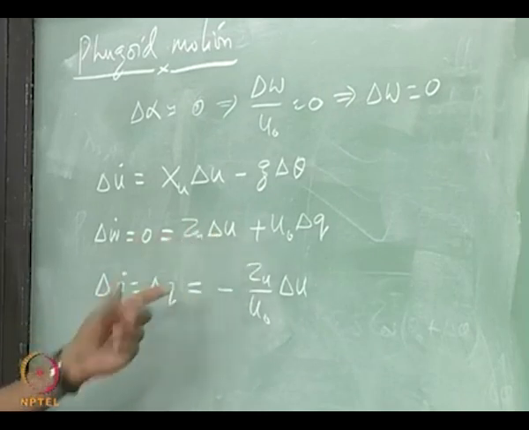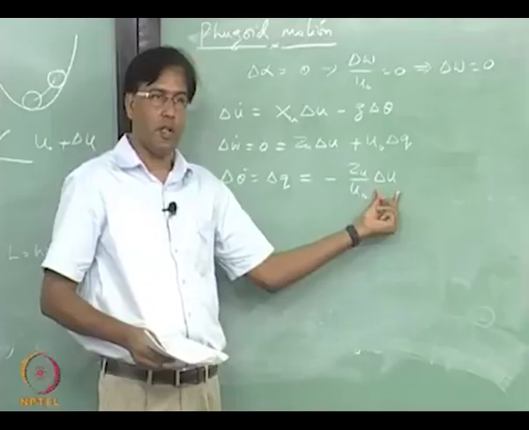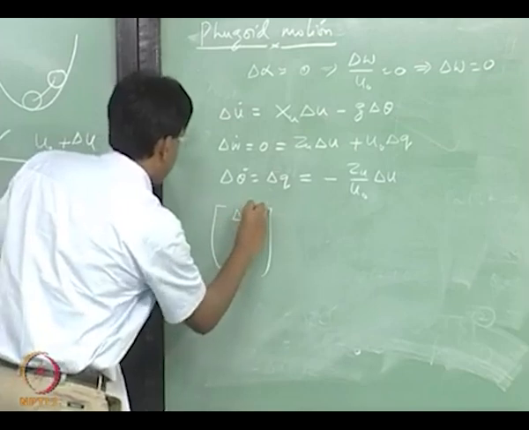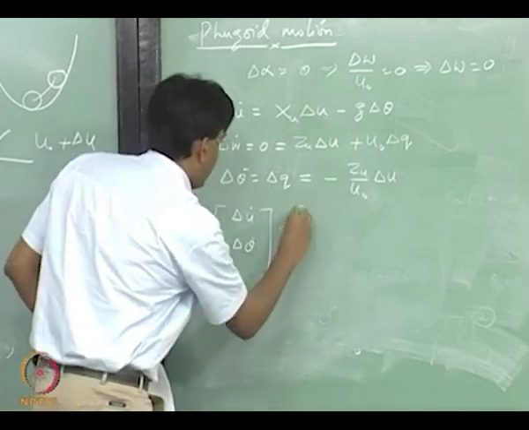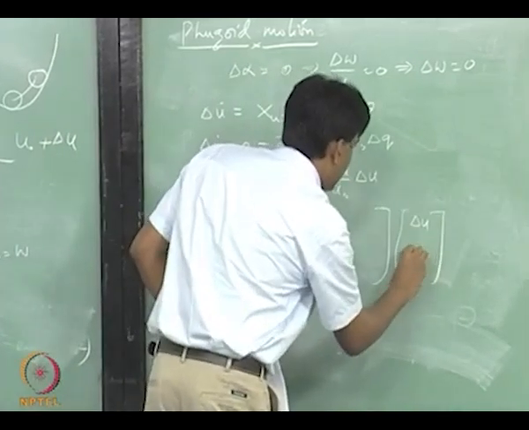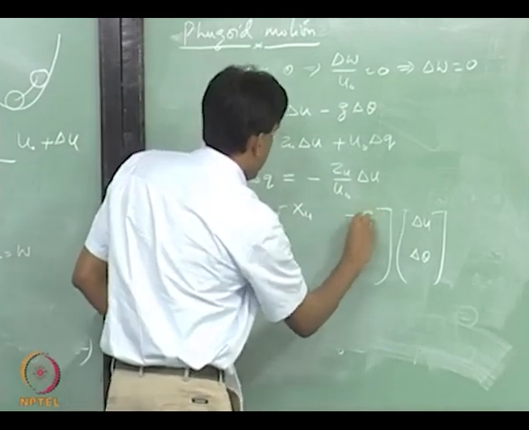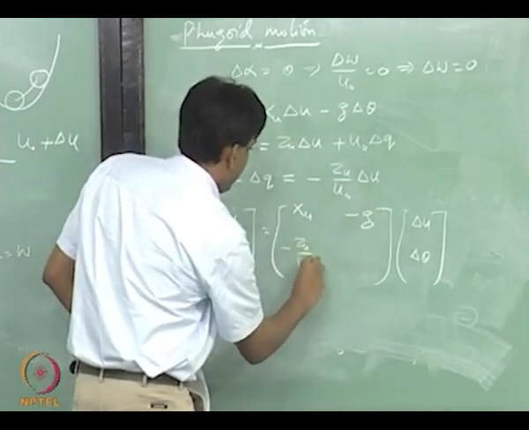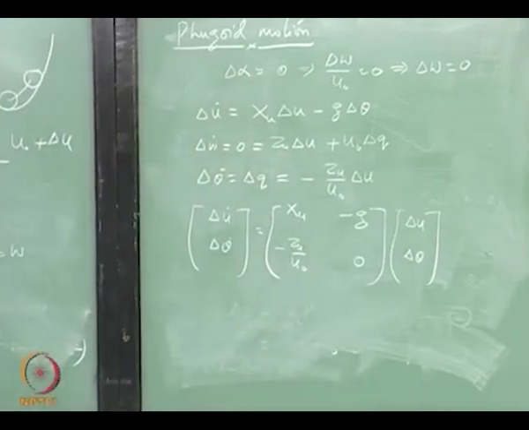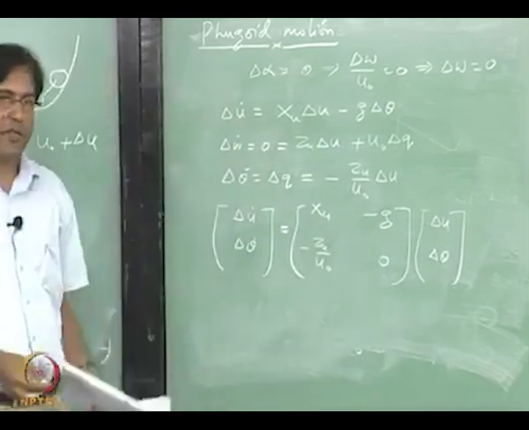From this equation you can find out what is delta Q in terms of delta U, right. So, the model that you have is this. And solve an eigenvalue problem now.